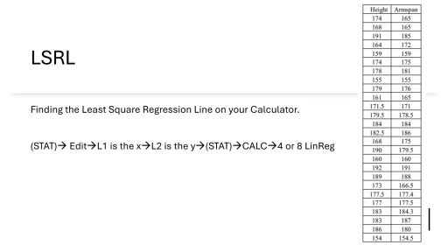Stat edit L1, you type in whatever your x values are. L2, you type in your y values, and then you push stat calc, and then number 4 or 8. They both are LinReg. One has ax plus b, and the other one is a plus bx. They're the exact same thing as long as you know where the slope is and the intercept, which the slope is attached to the x.